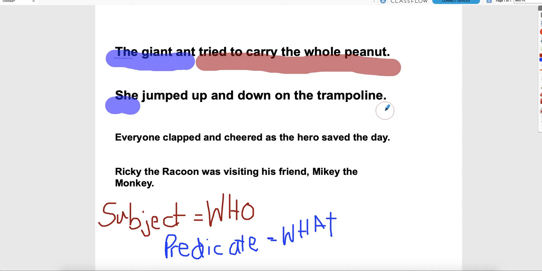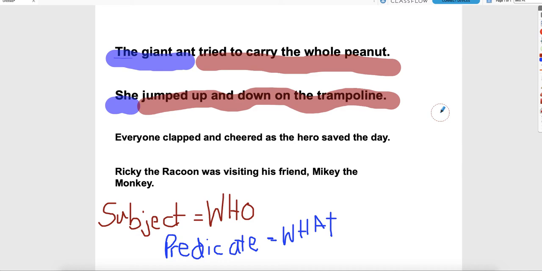What am I telling you that she's doing? Jumped up and down on the trampoline is the whole predicate. All of those words make up the predicate, okay?